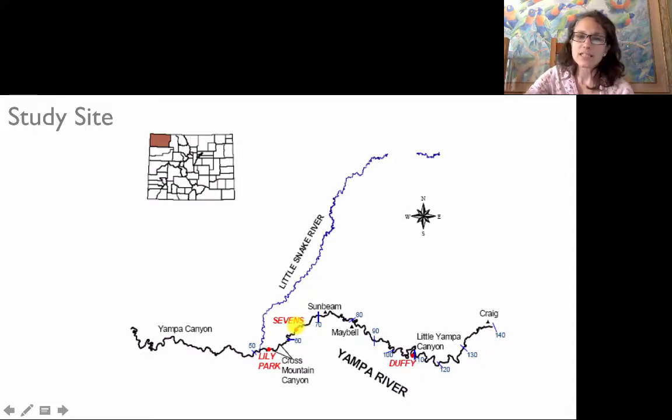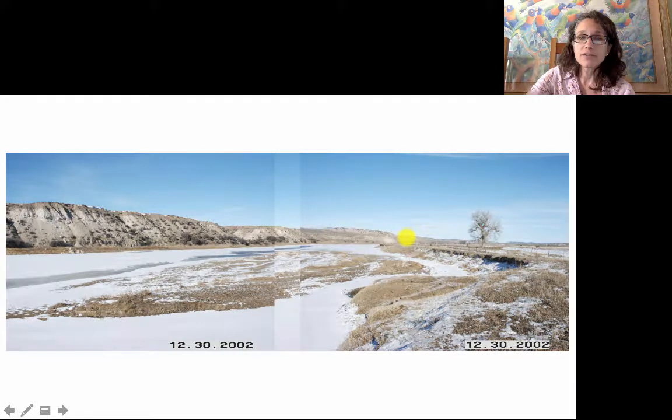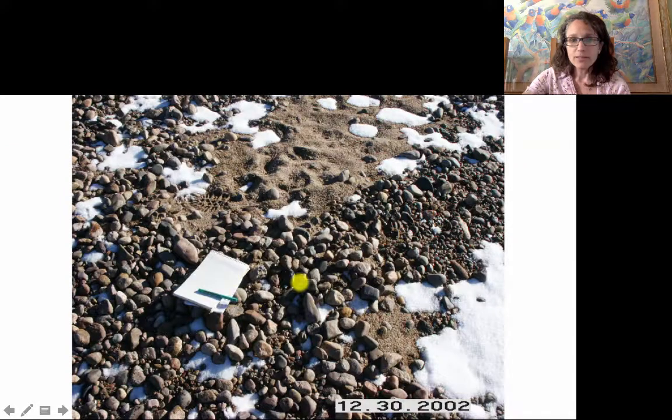The Sevens Ranch is actively grazed. This is looking upstream on one of the cobble bars in the river. The Yampa there is still a pretty natural river from the perspective of its flow regime. There's no major storage reservoir above this area, so the river's flow regime is pretty natural.